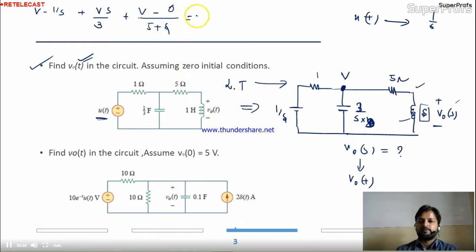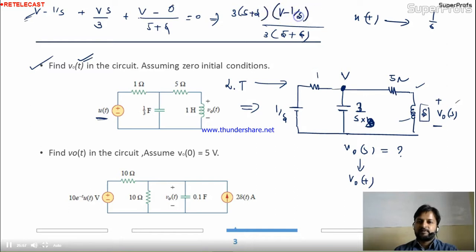Okay, equal to 0. So here we can get the value of V. Once we get the value of V from this equation, okay, let me try it. It is easy. So I'll take 5 plus S as the LCM. So 3, (5 plus S), (V minus 1 by S) plus, okay, I'm leaving it for you.